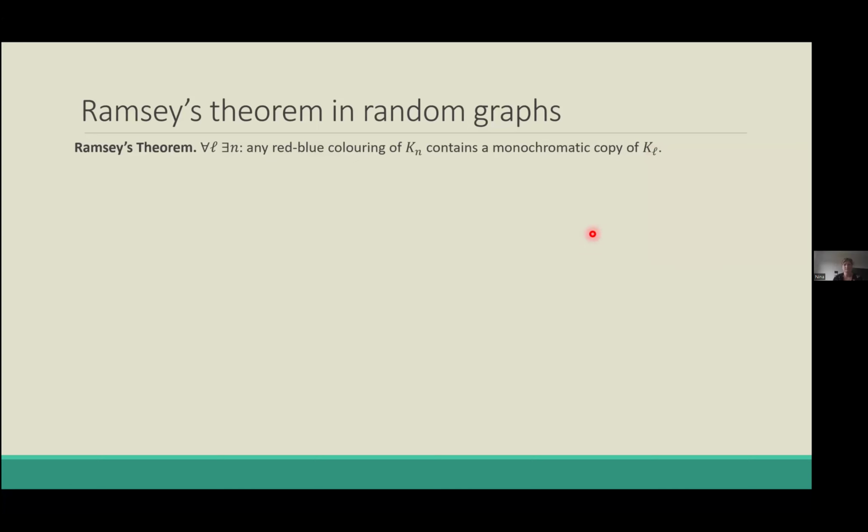Now, for a given L, if this n is large enough, we are guaranteed to find the monochromatic copy of KL. So this is a kind of robustness property of the complete graph. If an adversary partitions the edges, we are still guaranteed to find the monochromatic copy of KL.